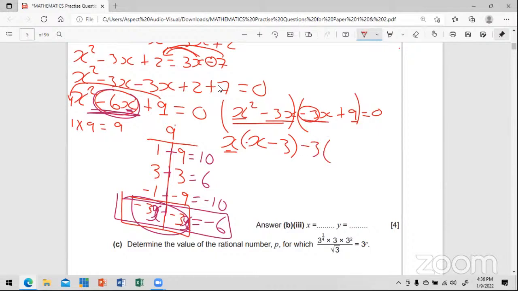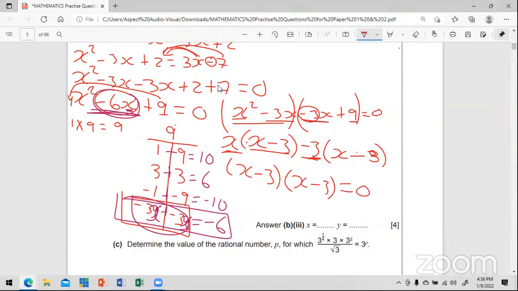Then negative 3x divided by that, you get x, and 9 divided by negative 3, you get minus 3. So this will be x minus 3, and again the one inside the bracket is x minus 3, equals 0.